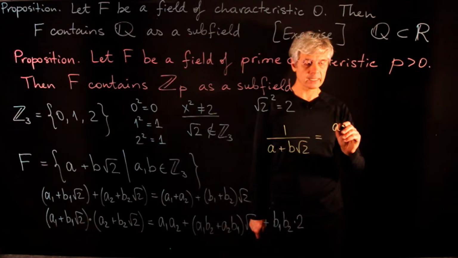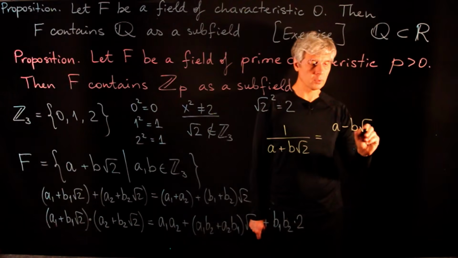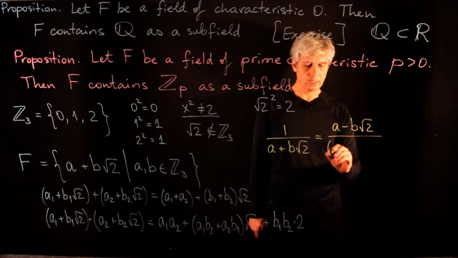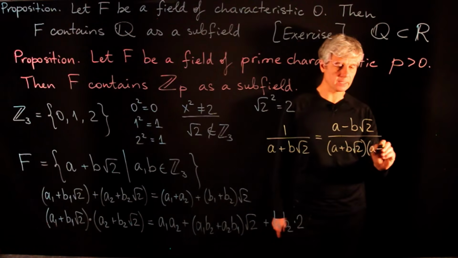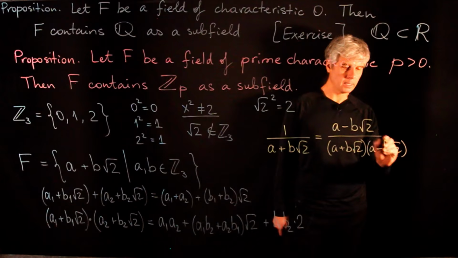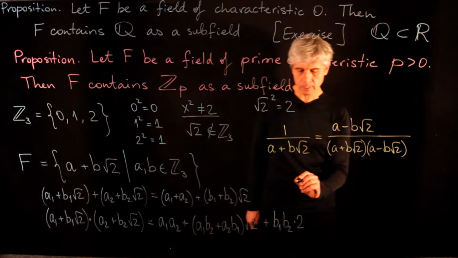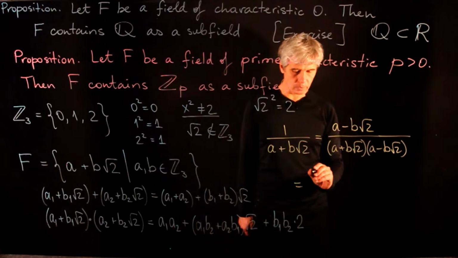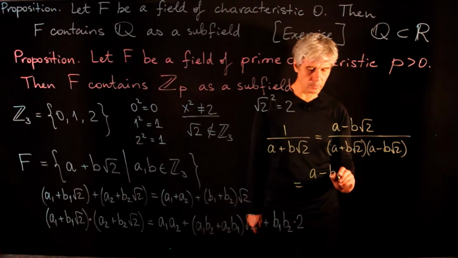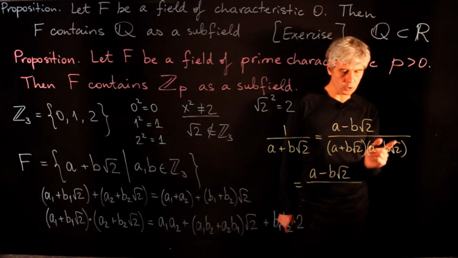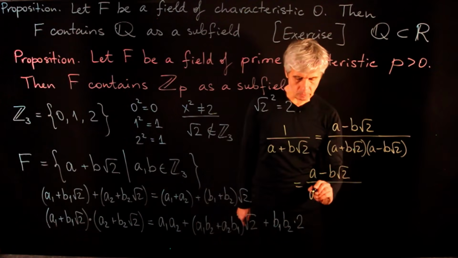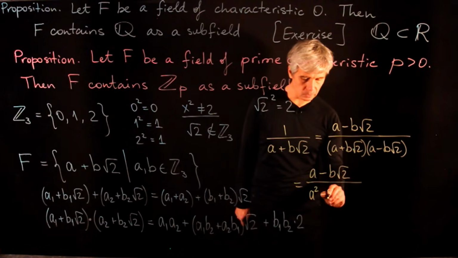So we'll write it as a minus b square root of 2 times a plus b square root of 2 times a minus b times square root of 2. And now this can be simplified. So here we have a minus b square root of 2 over, now by usual algebra, a squared minus 2b squared.